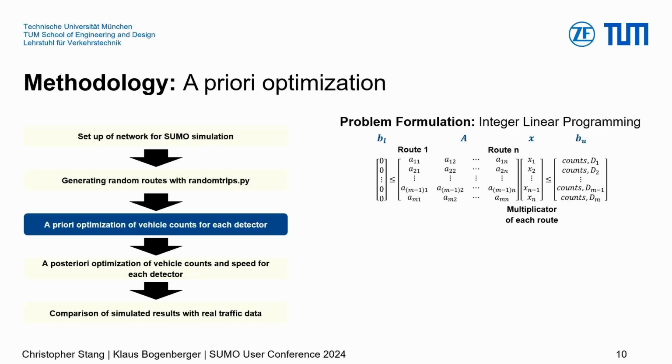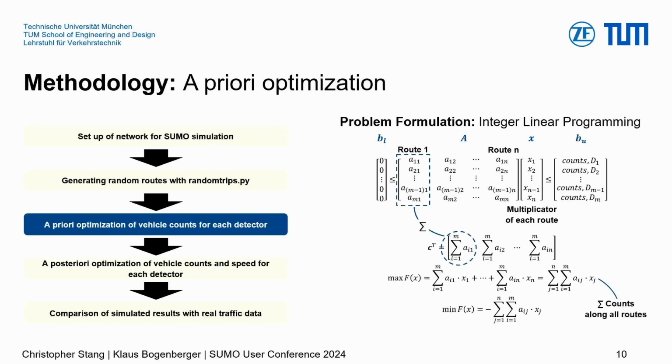It's still left to define the objective function of this problem, and it can be formulated in an easy way. The objective coefficients are nothing else than the sum of each column. The optimization problem is formulated as the maximization of all vehicle counts along all routes. And since we want to formulate a minimization problem, you can do it just by multiplying it by -1.